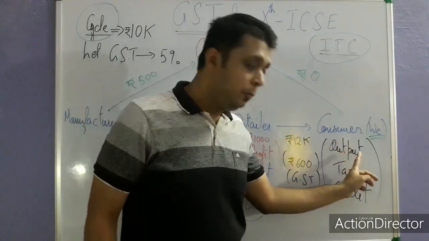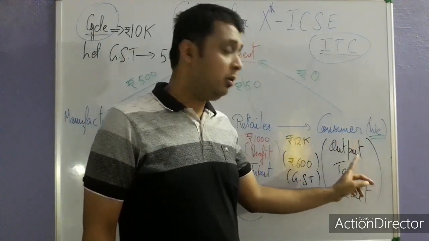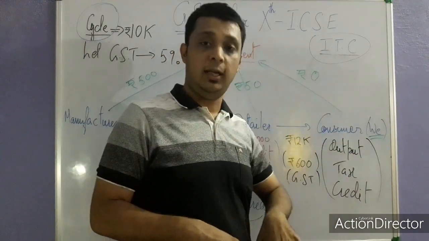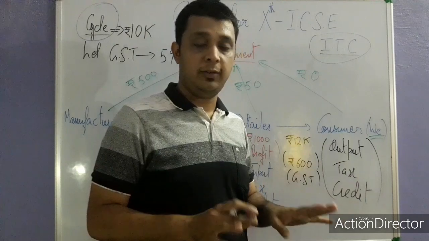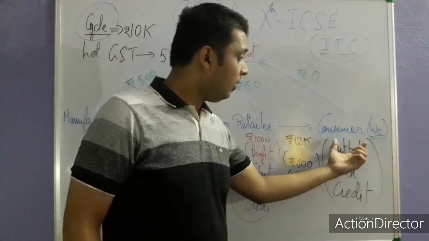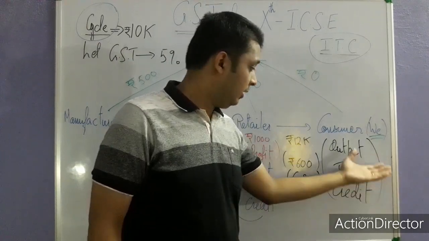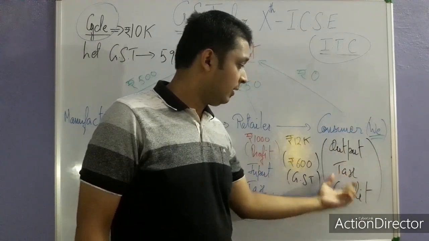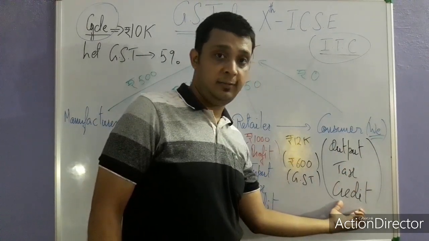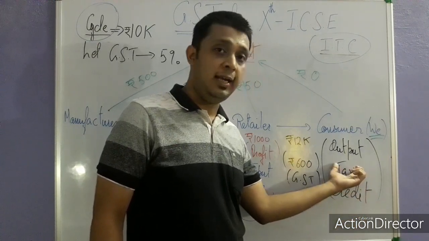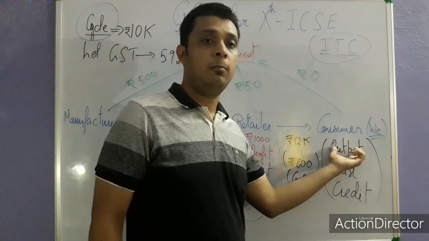But in output GST, the consumer ultimately buys the good for himself or herself. Now he will not do the business, he will use it for himself. So for the output tax, he will not have the credit. The credit of tax which he has is already given.